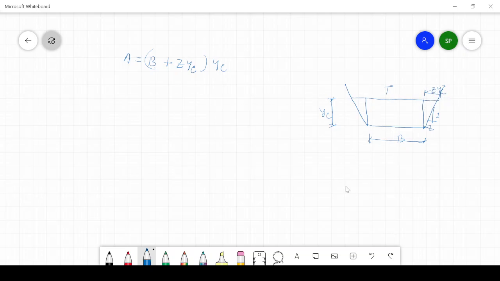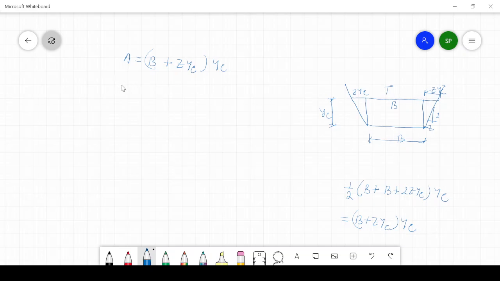So area is equal to half into B plus this width, B plus, this is also ZYC, this is B. So B plus twice ZYC into perpendicular distance YC. So ultimately what you will get? B plus ZYC into YC. Clear?